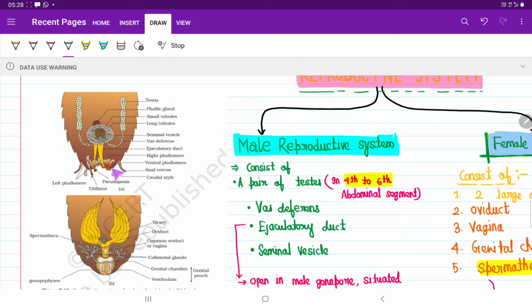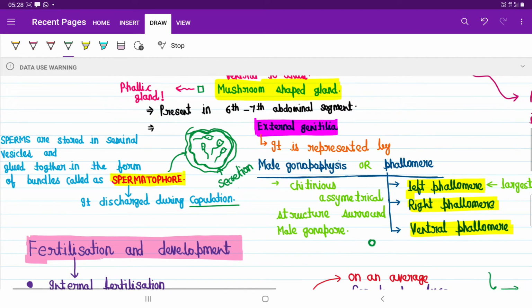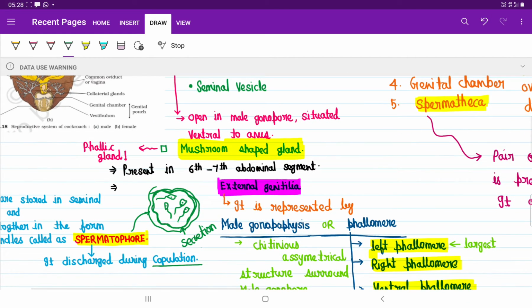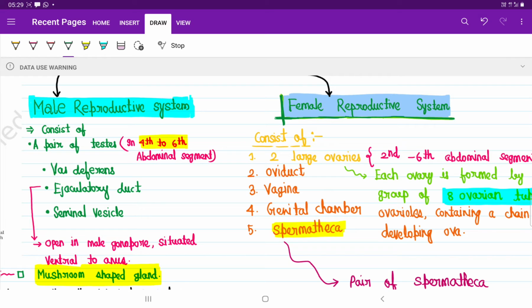These will penetrate the female genitalia at the time of reproduction, mating actually, right? Finally, in mating, the spermatophore will be released and it will be stored in the spermatheca of the female.